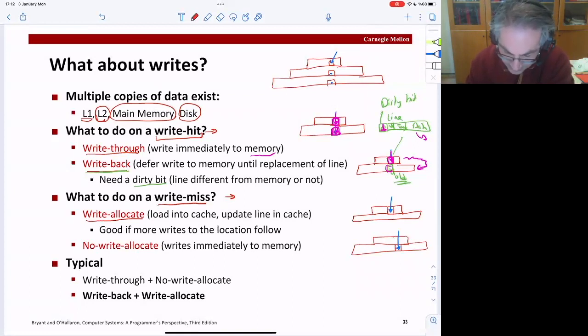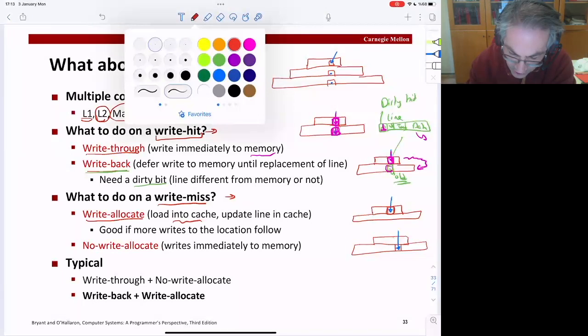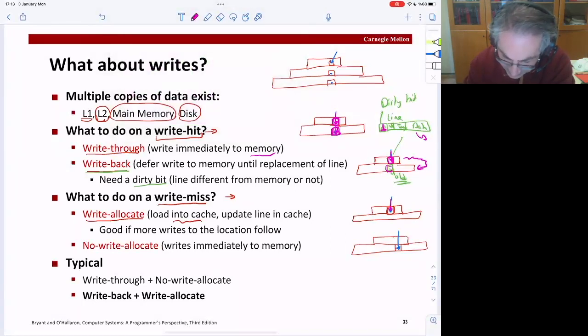In the write allocate, you allocate the line. Of course, there's the issue that if the block size is larger than what you're going to write, then you load it into your cache, and you update the line in the cache.